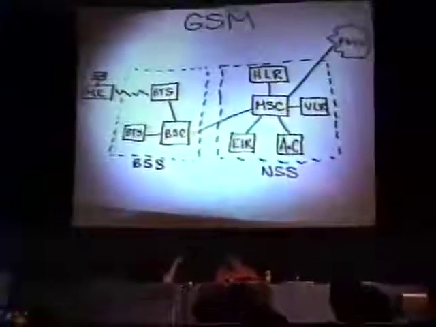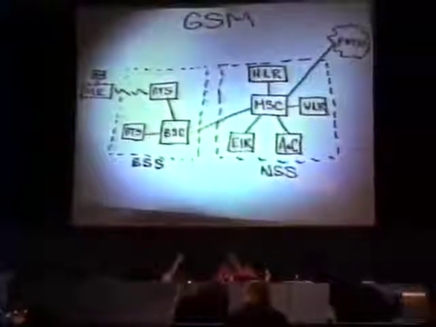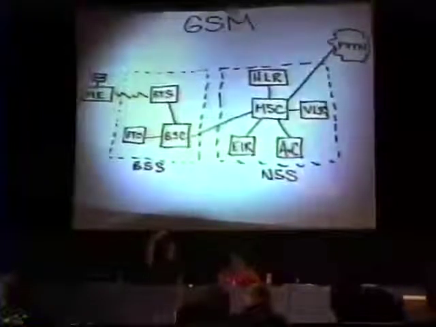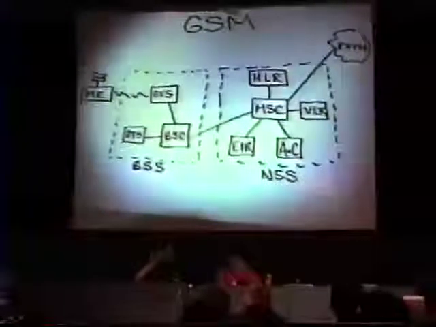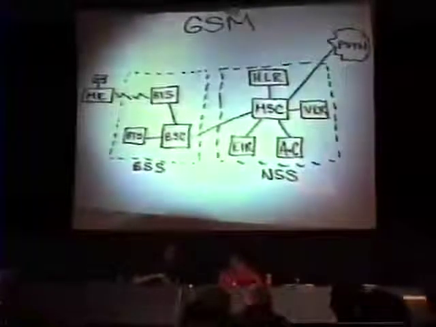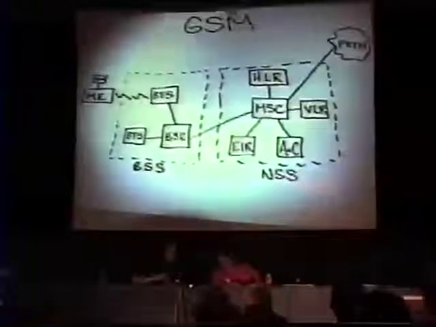Starting from the left, we have the mobile equipment, which is a handset. Inside the mobile equipment is a subscriber identity module, and I'll show that to you.